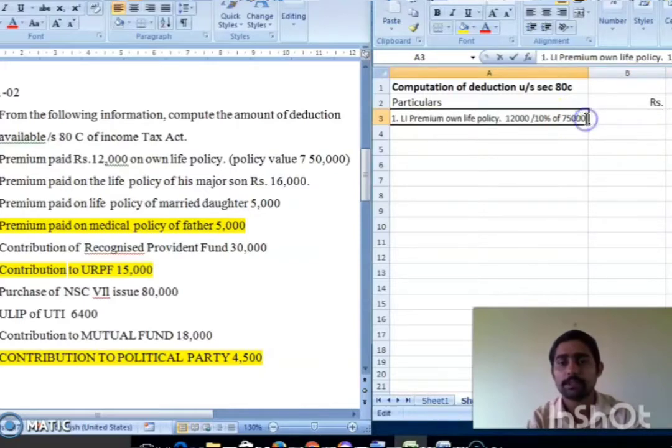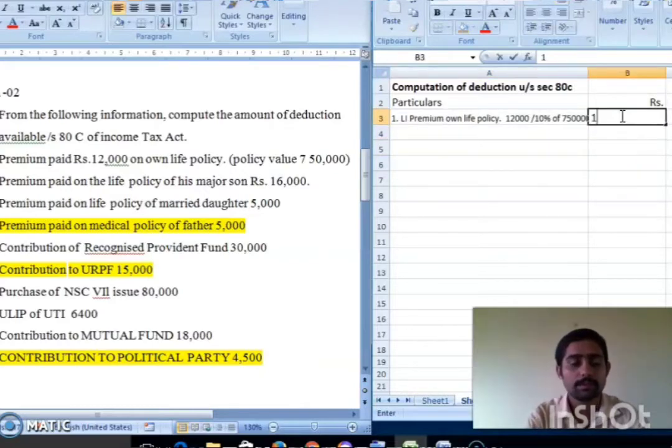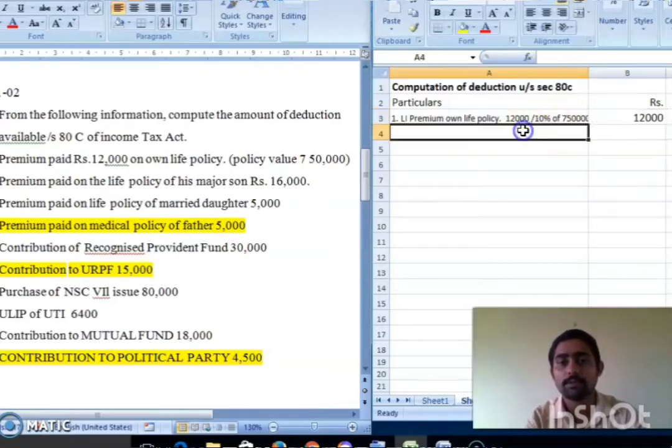So 10% of 7,50,000 will come up to 75,000. So 75,000 or 12,000. The highest amount I have to consider. So I can consider the amount as 12,000. So 12,000 is the amount I have to consider. And that is the first item.